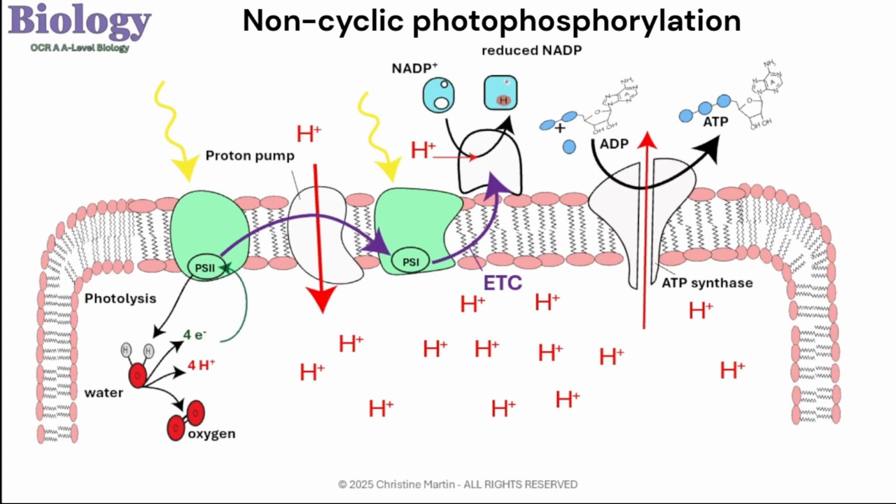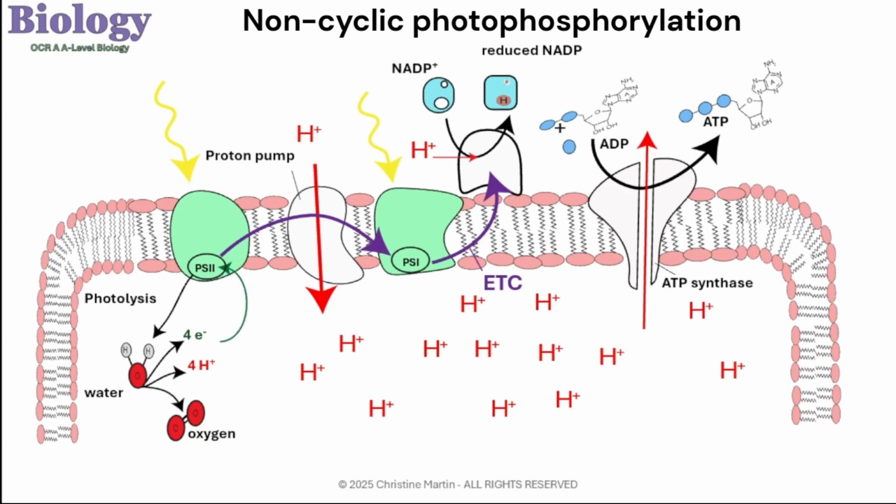Electrons from photosystem 2 travel through the electron transport chain, passing through a proton pump to photosystem 1. Electrons from photosystem 1 are transferred to NADP reductase, which reduces NADP to reduced NADP.